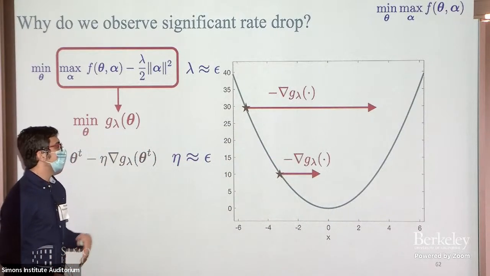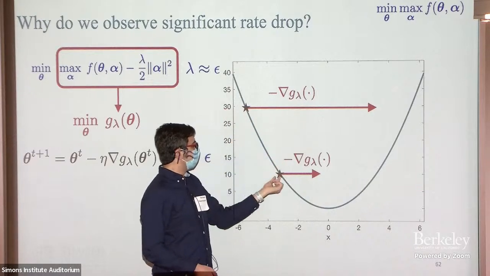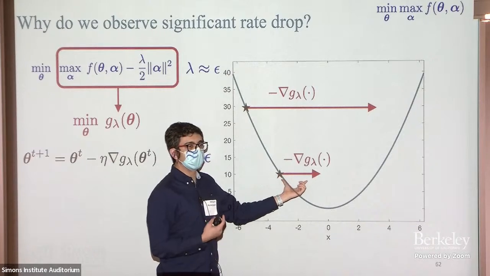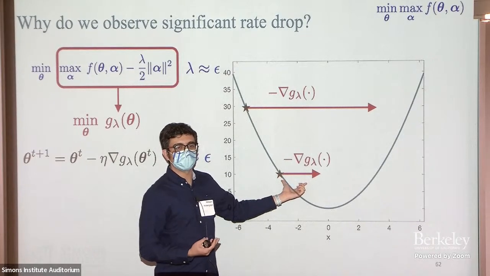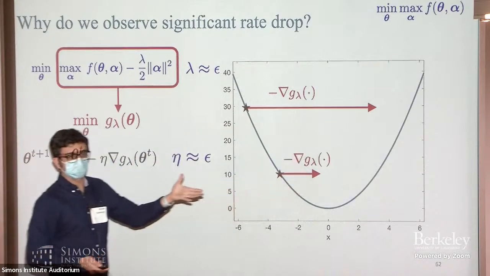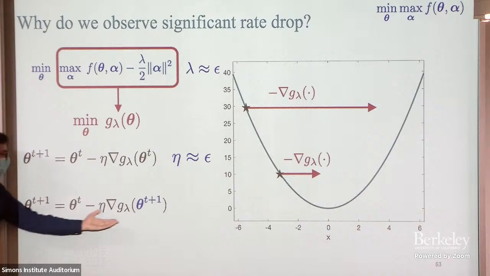But if you can look at the future, so if you can look here, when I'm moving here, I look here and I see, okay, my gradient is going down very quickly. It seems that my Hessian is large, so I can take a larger step size. And that is the idea of the proximal point algorithm that has been seen also multiple times during this workshop. In particular, if we can follow this dynamics, you can choose an arbitrary step size.